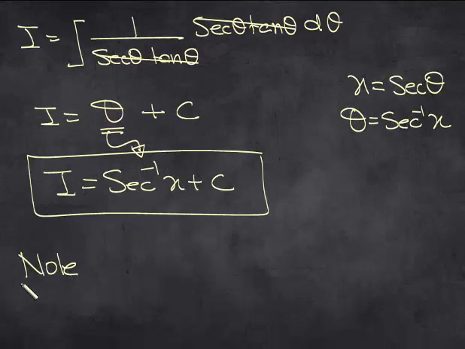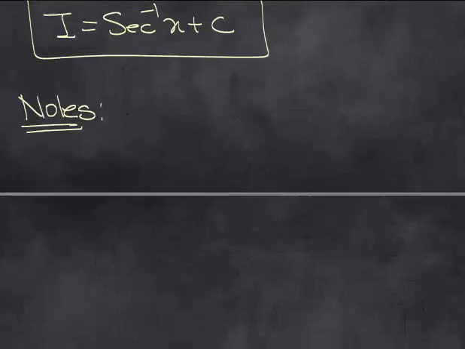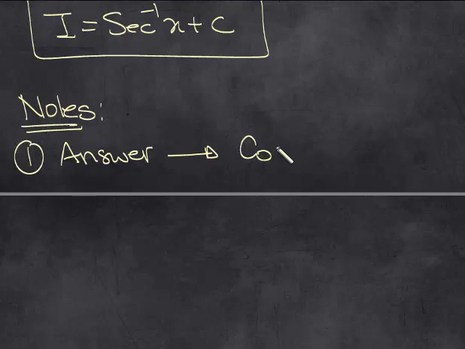So the first thing you'll have to do is use an identity and change the 2 theta back to regular theta. So you can rewrite it as what? You have a couple choices for cosine of 2 theta, don't we? So you can write it as anything you want. I'll write it as this, cosine squared theta minus sine squared theta. And then you can change that to x using the triangle.